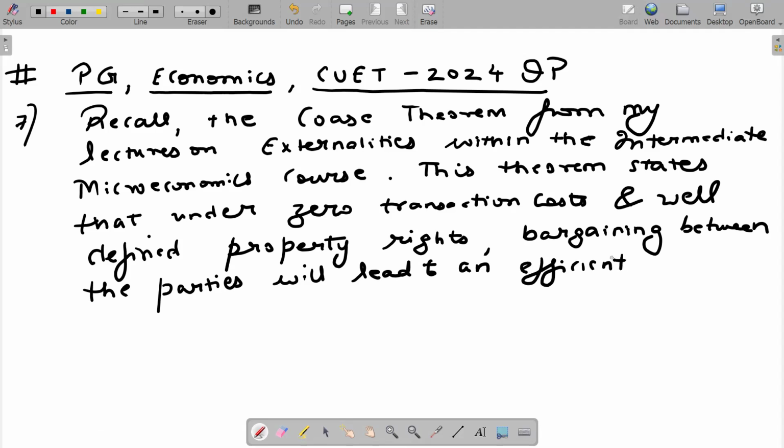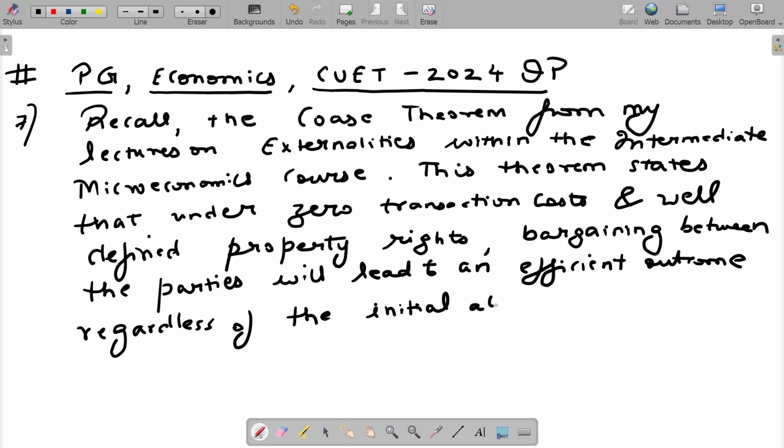It will always lead to an efficient outcome regardless of the initial allocation of property rights.